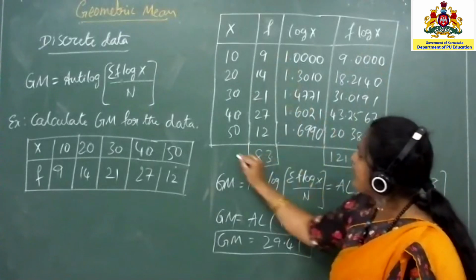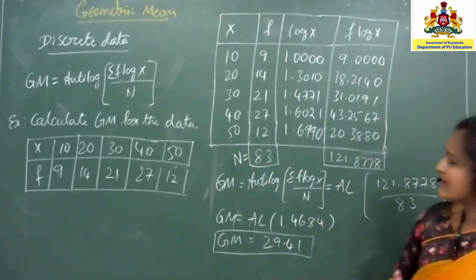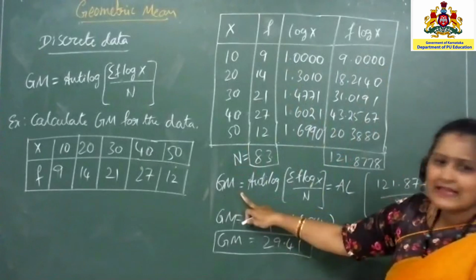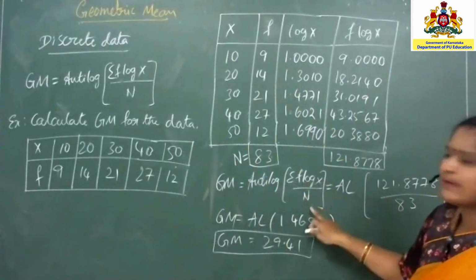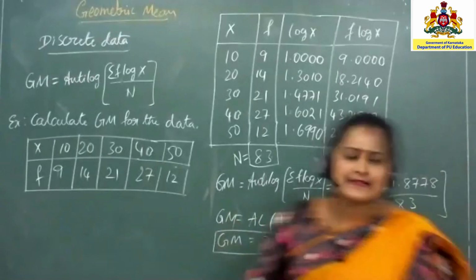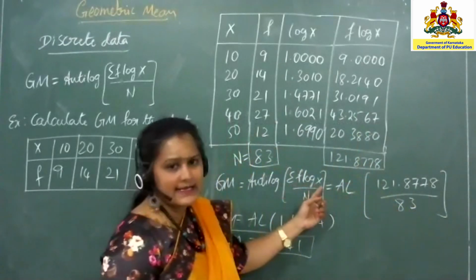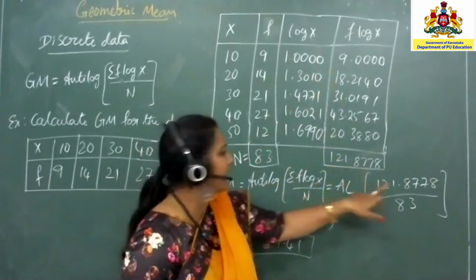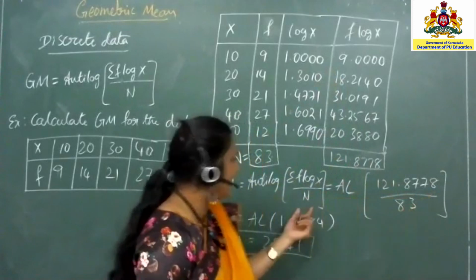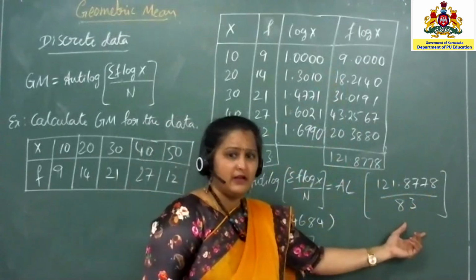This total frequency is what you call capital N. The formula is geometric mean equal to antilog of summation f log x by capital N. Summation f log x is 121.8778 divided by N, and N is 83 for this particular question.